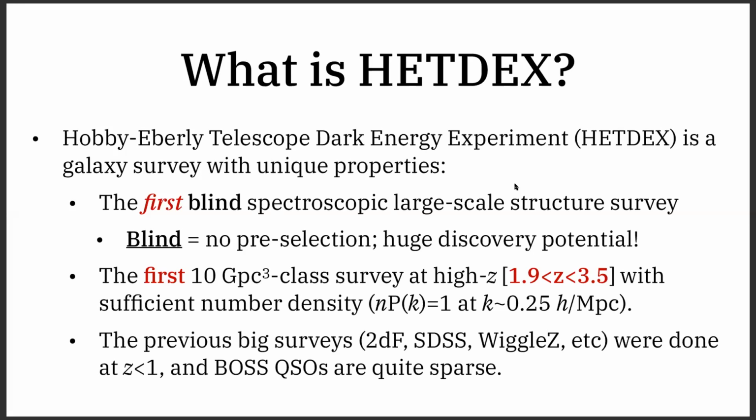What I mean is that n-bar times P, that's the signal to noise per Fourier mode, is 1 or above 1 for k less than 0.25 h inverse megaparsec. That's roughly the scale at which we believe perturbation theory models the nonlinearities in this high redshift universe.